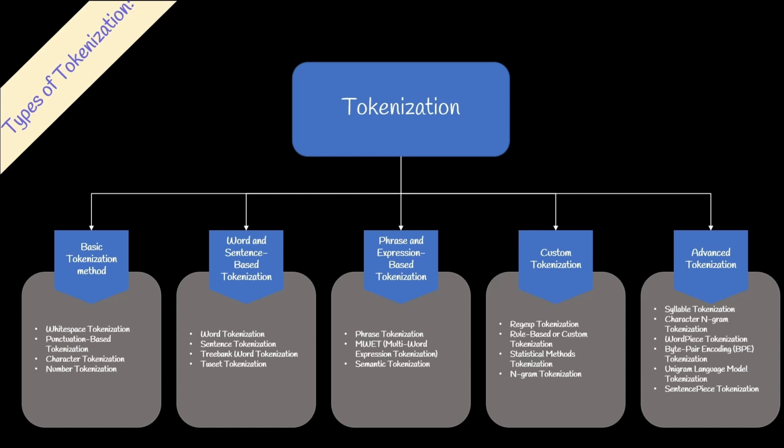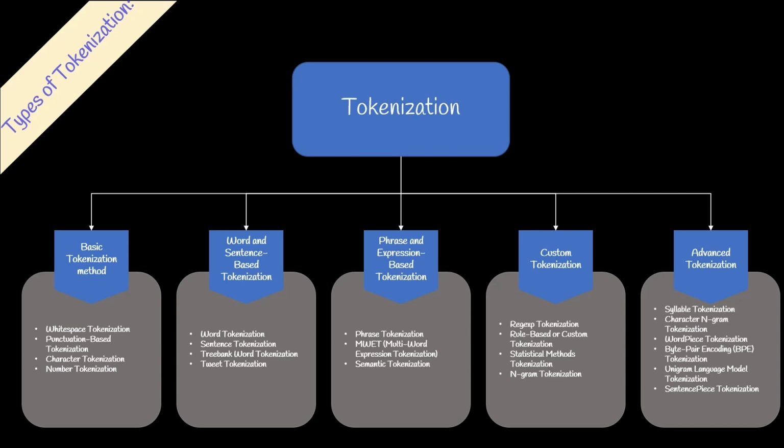Now, this normalized text is often converted into numerical form, or we say vector form, for the machine learning models to understand. Common techniques to convert this tokenized text to vector form are bag of words, TF-IDF, or word embeddings.